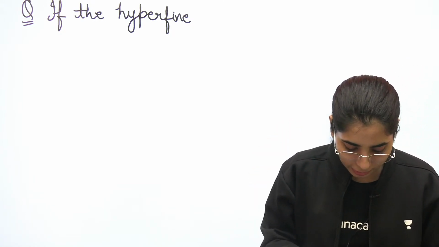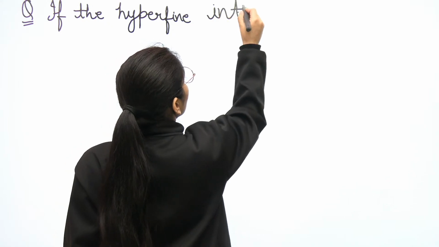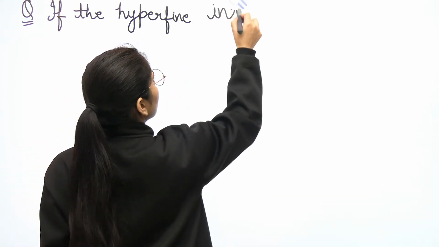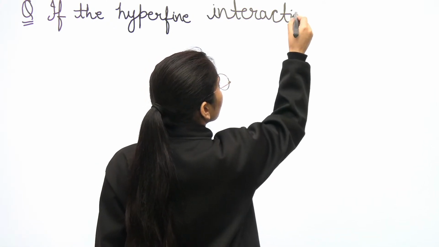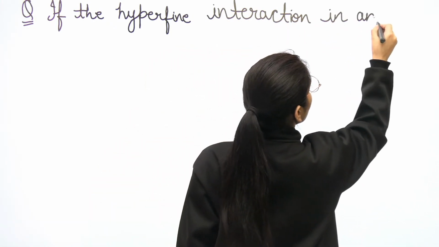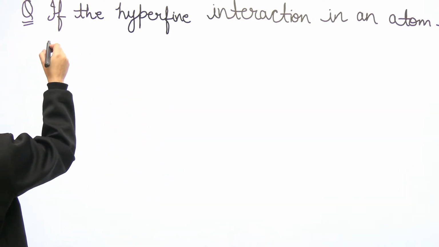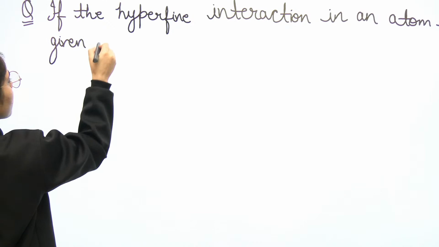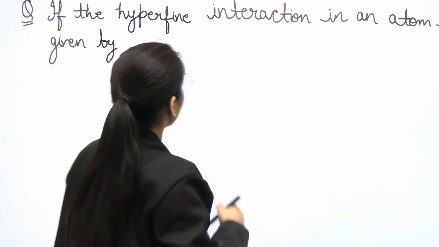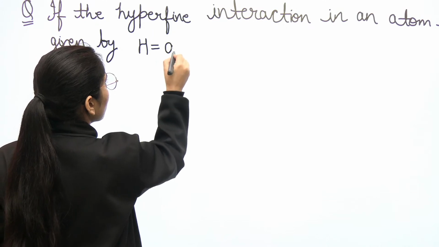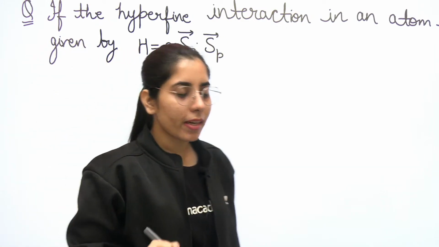If the hyperfine interaction in an atom is given by H = A S_e · S_p. Now what S_e and S_p are representing here, I will let you know.